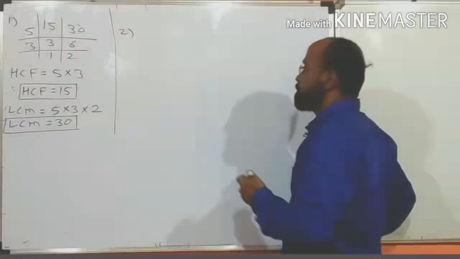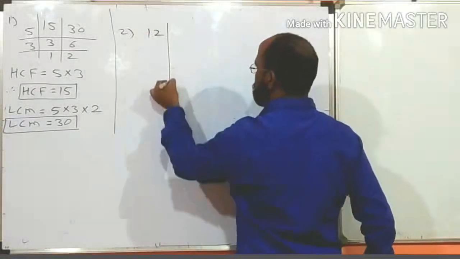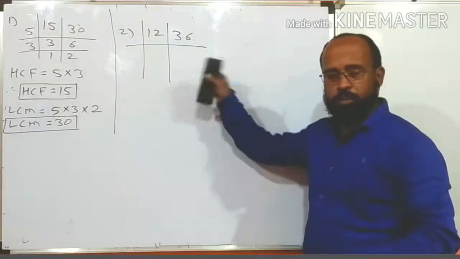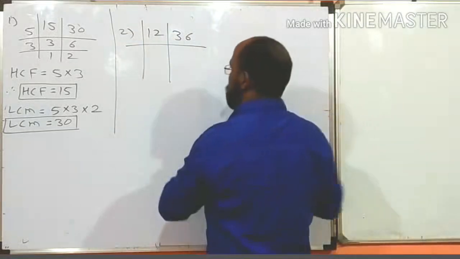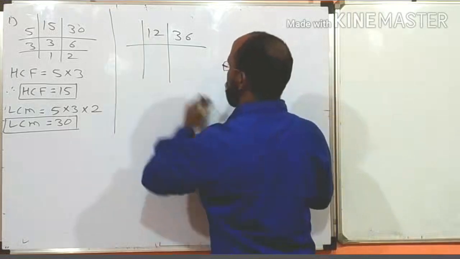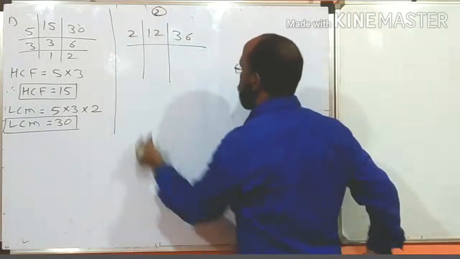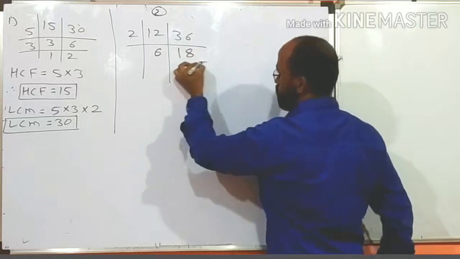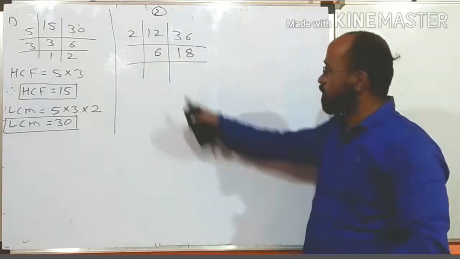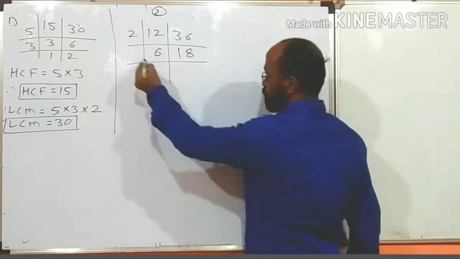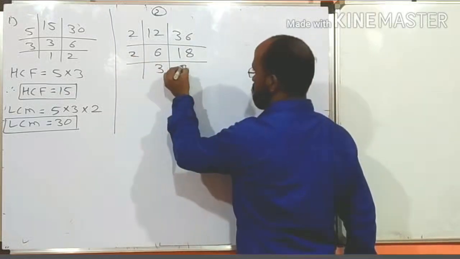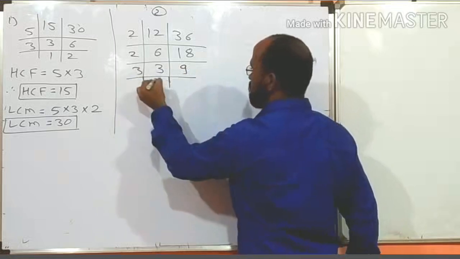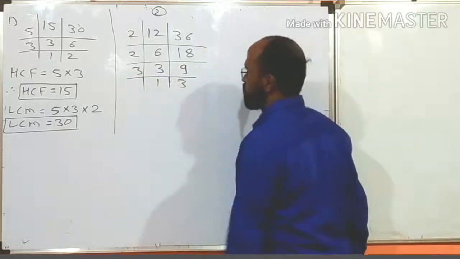Okay? 12 and 36. Right? Both are divisible by 2. If we divide them by 2, 2 6s are 12, 2 18s are 36. 6 and 18 are divisible by 2, 2 3s are 6, 2 9s are 18. 3 and 9 are divisible by 3, 3 1s are 3, 3 3s are 9.